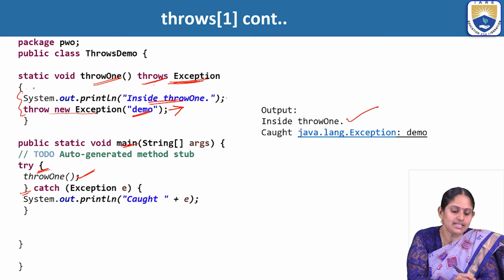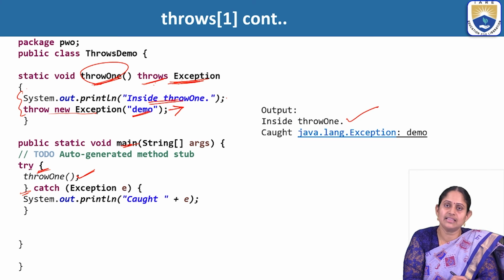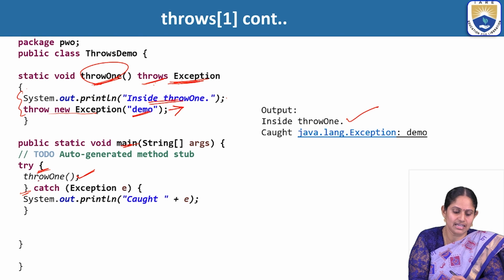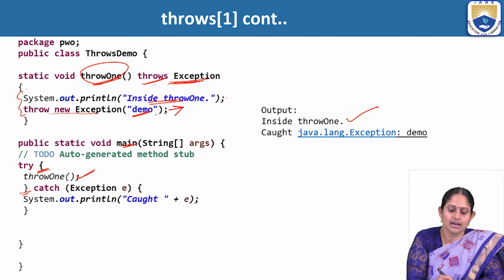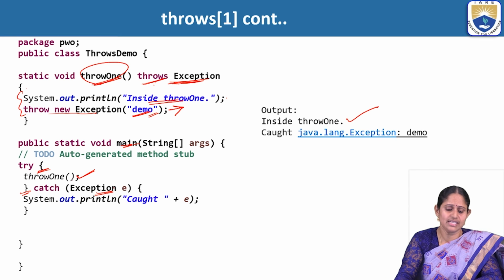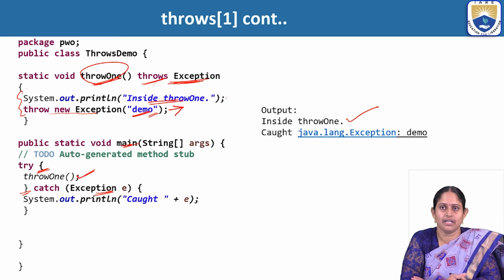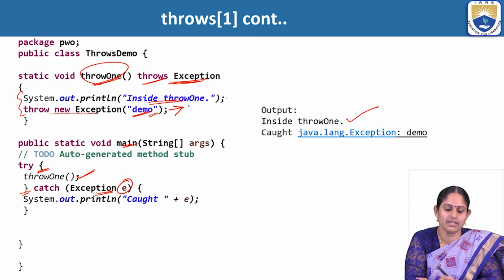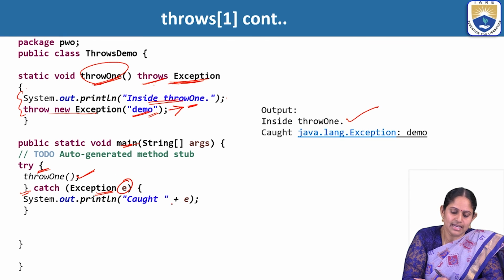That won't be caught inside the throw1 method, but it will be caught, since throw1 is called inside the main and it is handled using the try catch block. The exception being thrown at this point will be caught inside the main by its catch block. It is catching the exception object e, whatever is being thrown here, and that is being displayed.